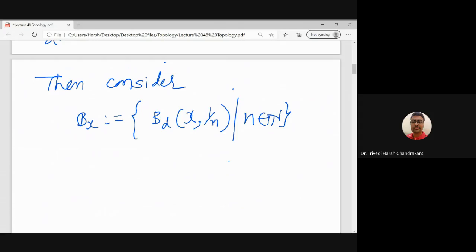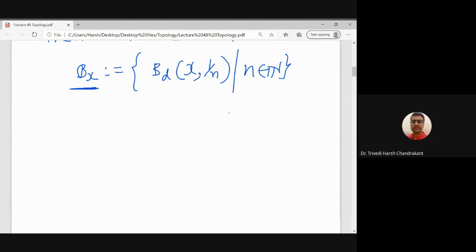Now you can see why we are denoting it by Bx: it is centered at x, and this is a particular family of open sets around the point x whose radius is decreasing. Now let us start with x belonging to U, where U is any open set.